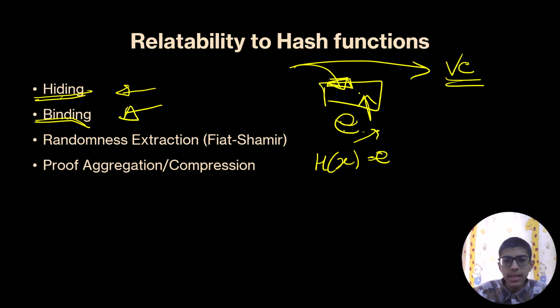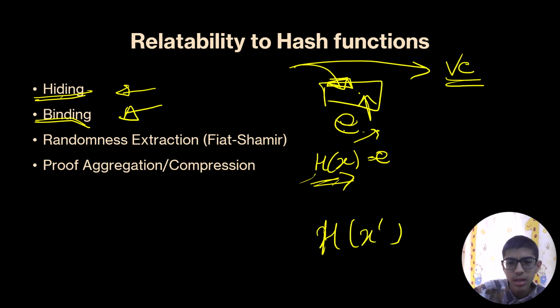This is guaranteed by the collision resistance of hash functions, which we had already seen, because it is difficult to find two different inputs such that both hash to E.